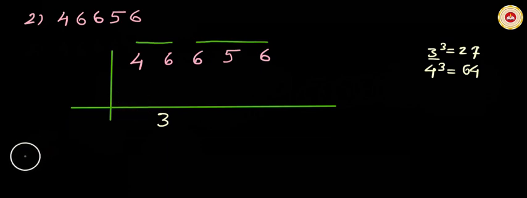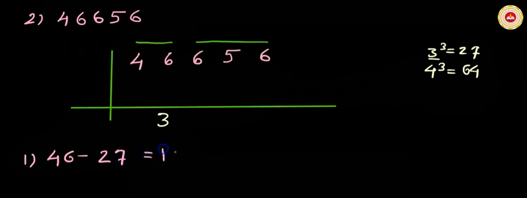Now the first step is to subtract 27, that means the cube of the first digit 3, from 46. 46 minus 27 gives 19, and this 19 is the remainder.